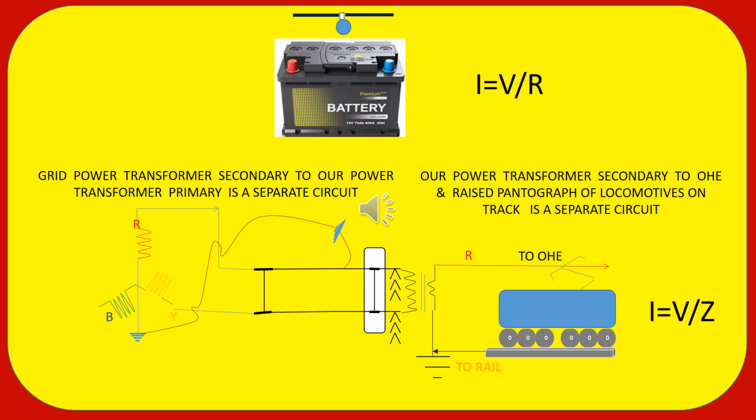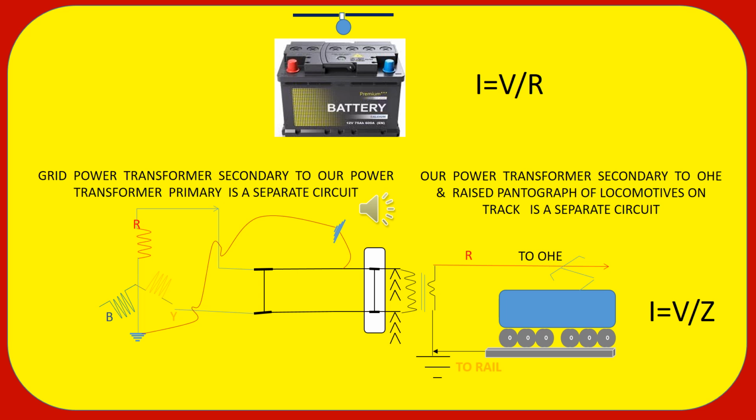Our locomotive is a load. So when everything is closed, loco DJ and our circuit breaker and isolator are all closed, then it is not a short circuit. The current taken by the locomotive will flow only. It has some wattage or horsepower.